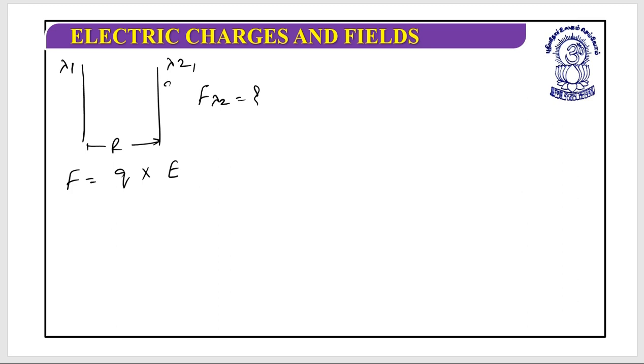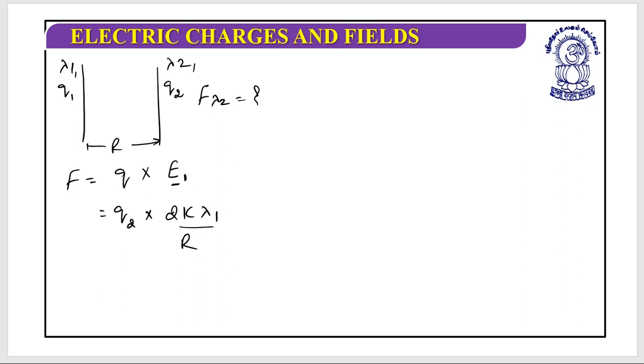Let's say this charge is Q2, this charge is Q1. So this is Q2 multiplied by electric field due to the first wire. It is an infinitely long positive linear charge density, so its electric field will be 2k lambda divided by r.